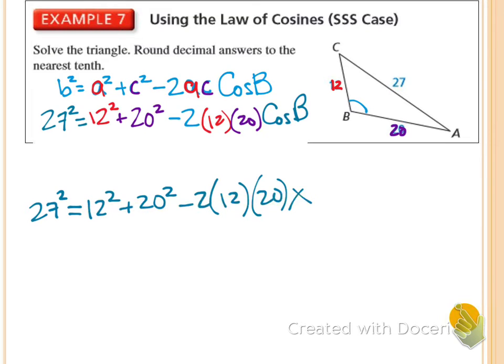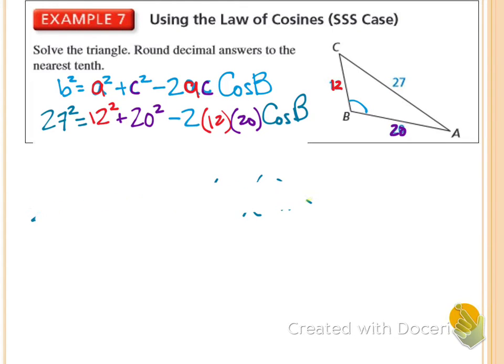No. Because x makes it a different type of term. The same thing with cosine of b. This is being multiplied times negative 2 times 12 times 20. So if we're doing the order of operations correctly, we can't combine all of this with all of this. We have to deal with them separately.